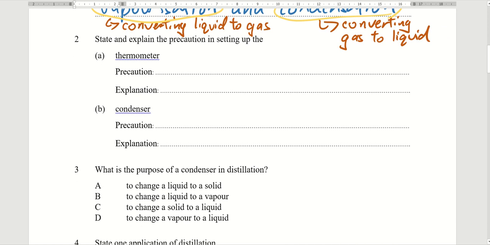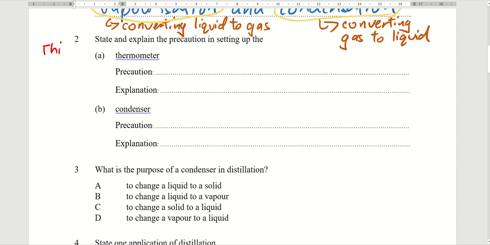Next up, what are the precautions for the thermometer and the condenser? Many of you have written down that the thermometer will break and so on and so forth. Those are not precautions. When we talk about precautions, it's actually things we need to take note of when we are using it.